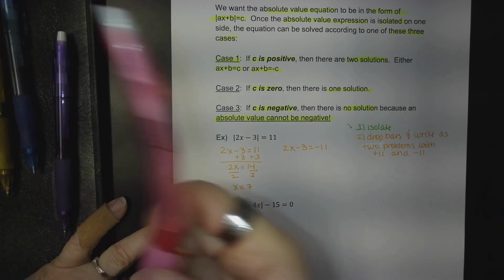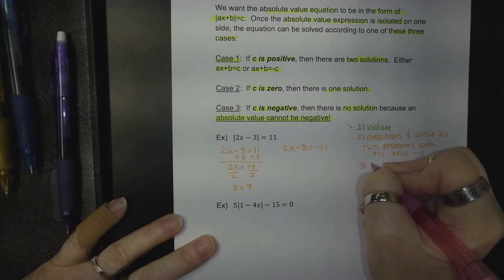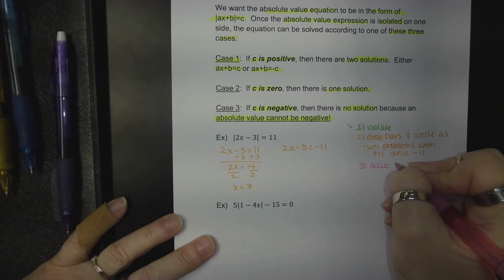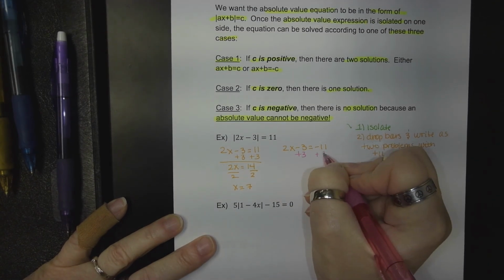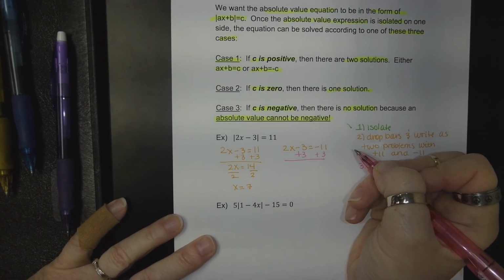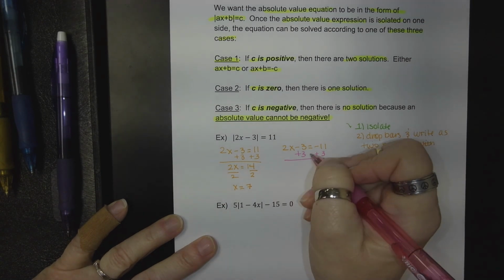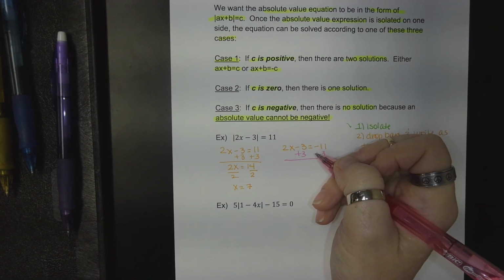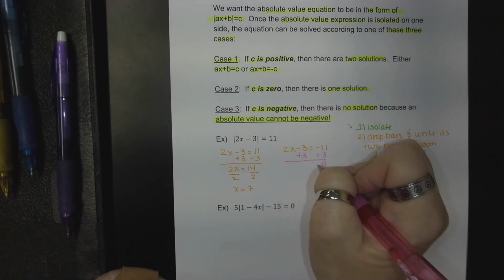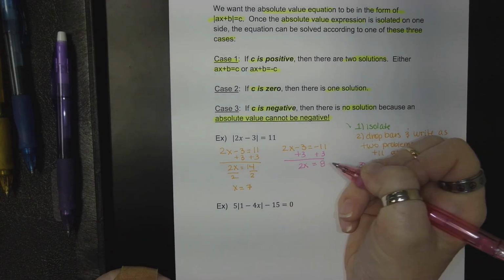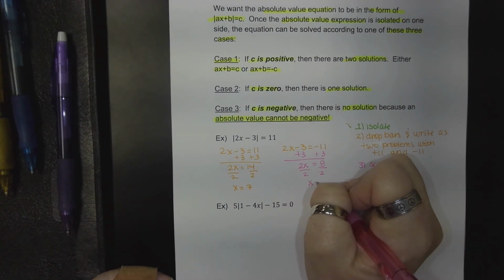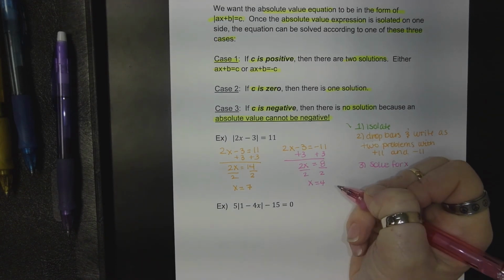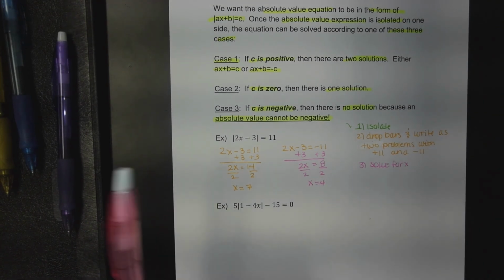Okay? Now we're just solving for x. I should have changed colors, sorry. I'll do that on this one. Add 3. Equals 2x. Divide by 2. X equals negative 4. So we can check these.